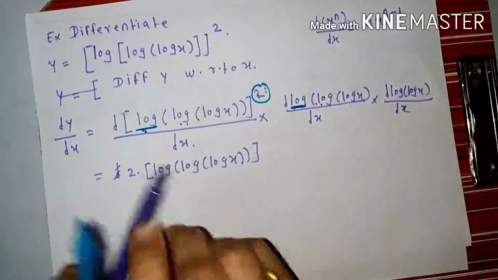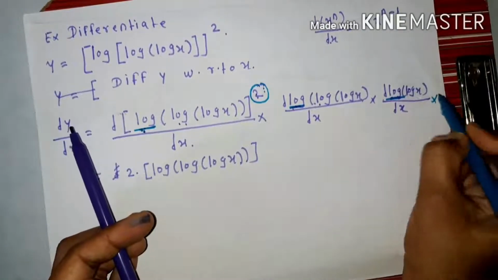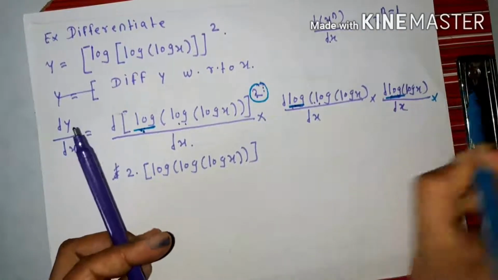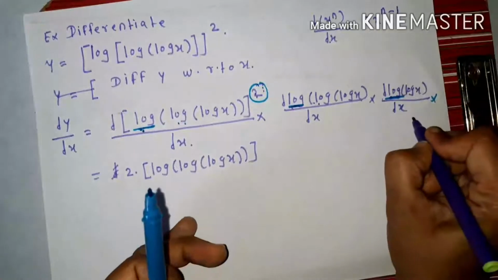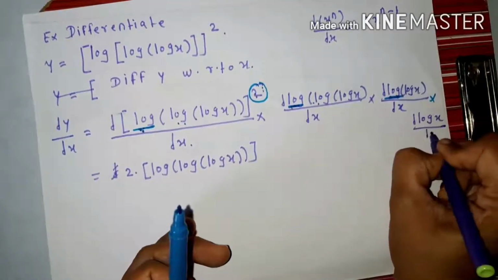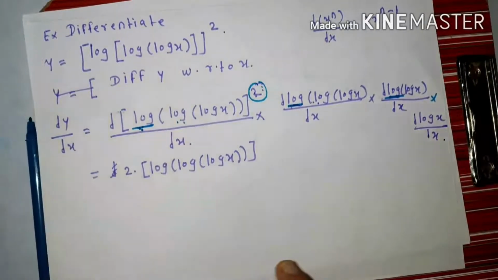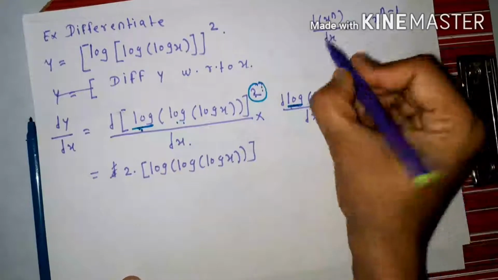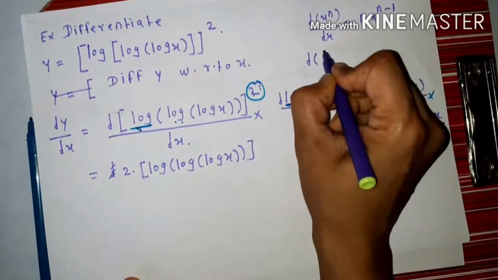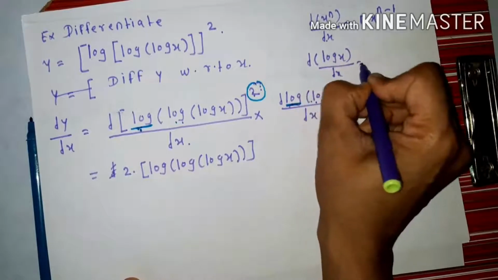Into, now the last log is remaining, into differentiation of log of x with respect to x in this way. So differentiation of log of x with respect to x is 1 upon x.